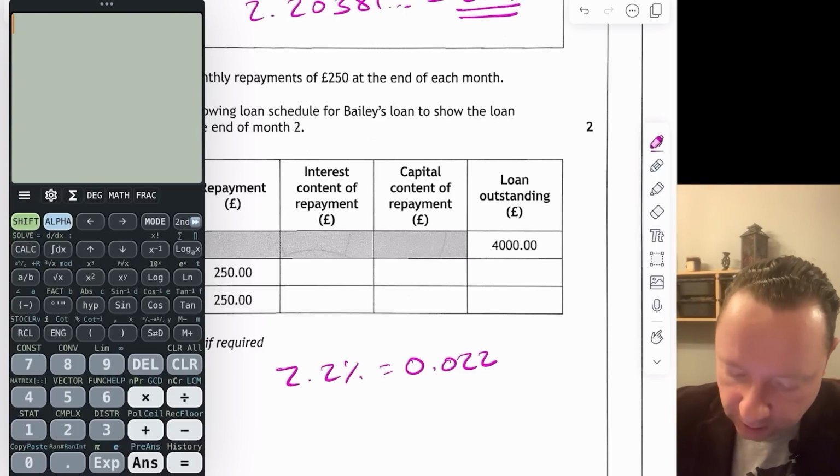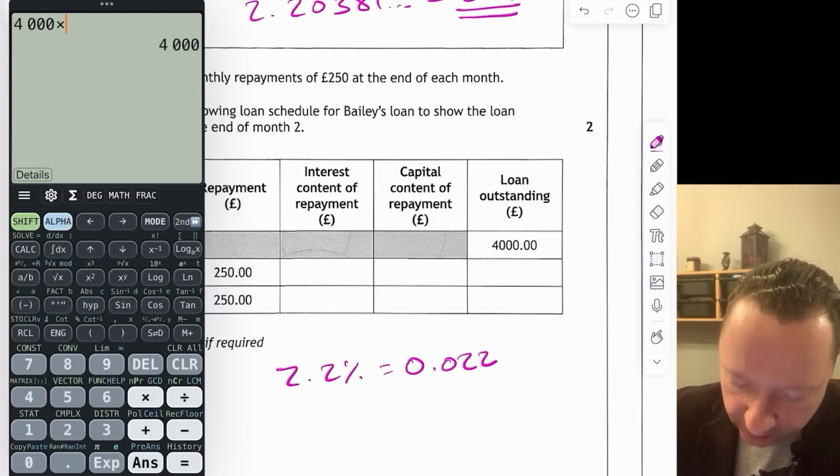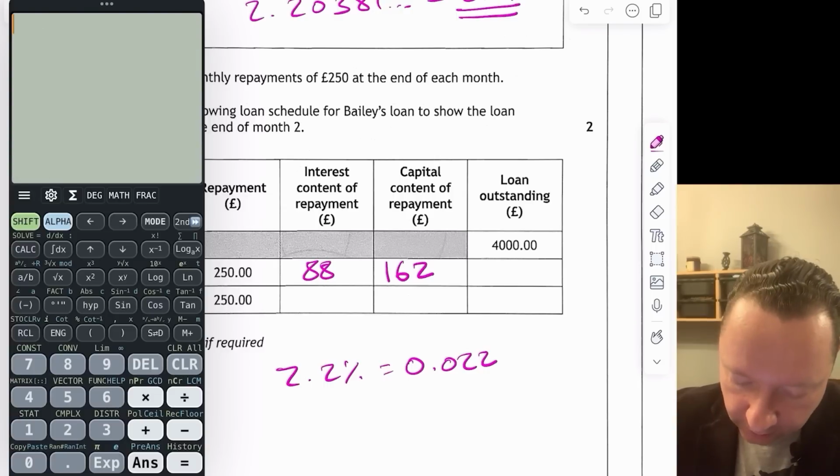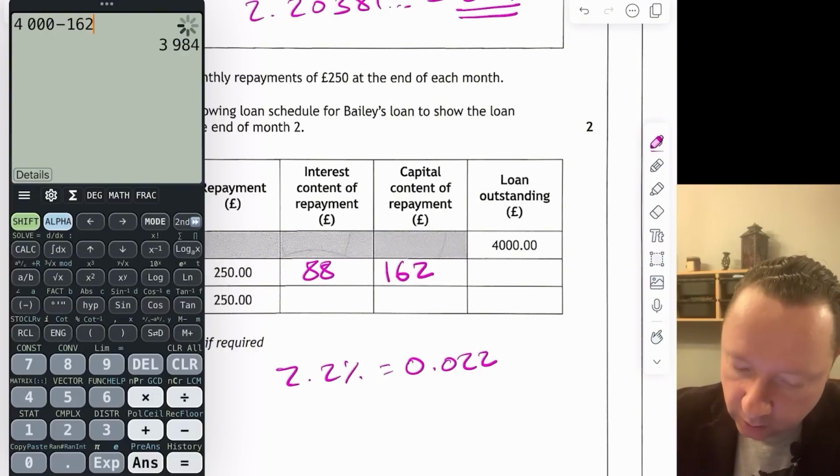To get the interest, you do loan outstanding times the percent, which is 88. Capital is 250 minus interest, 162. And loan outstanding is loan outstanding before minus your capital, which is 3838.